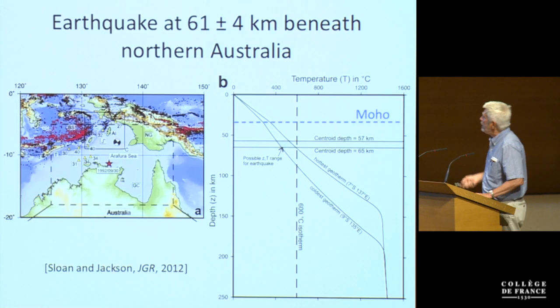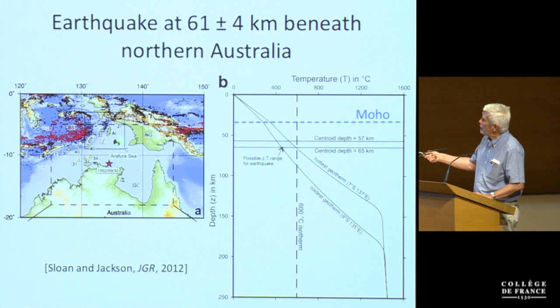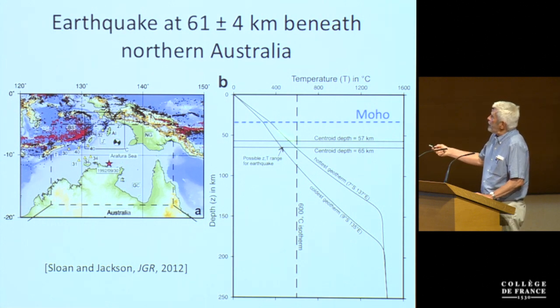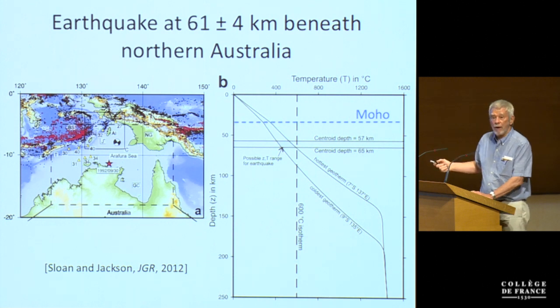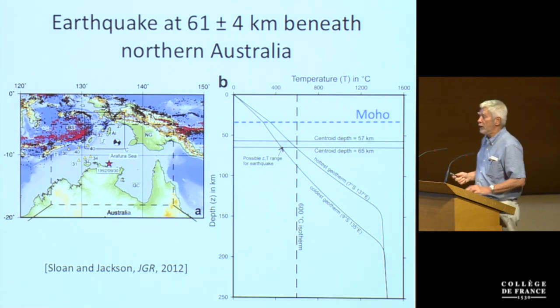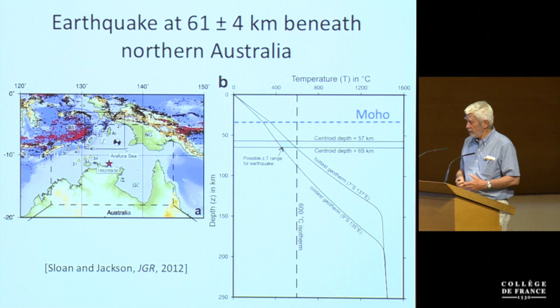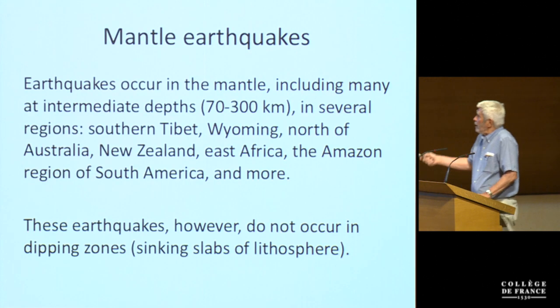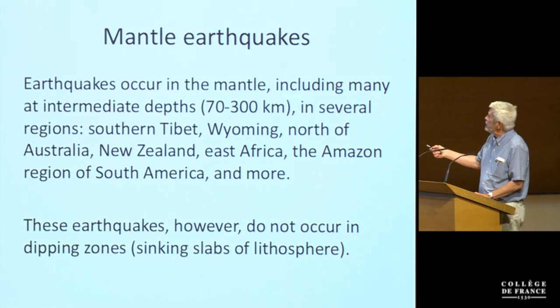And one more, in northern Australia, an earthquake up in here. The depth, 61 plus or minus 4 kilometers. The Moho is down around 35 or 40 kilometers. So another earthquake in the mantle. So we have earthquakes occurring within the mantle in many, many places, including many at intermediate depths.